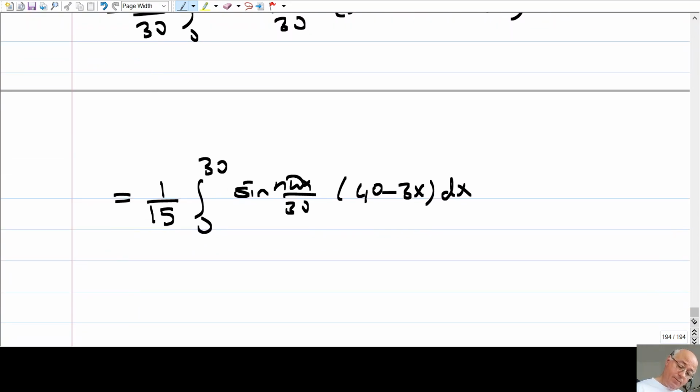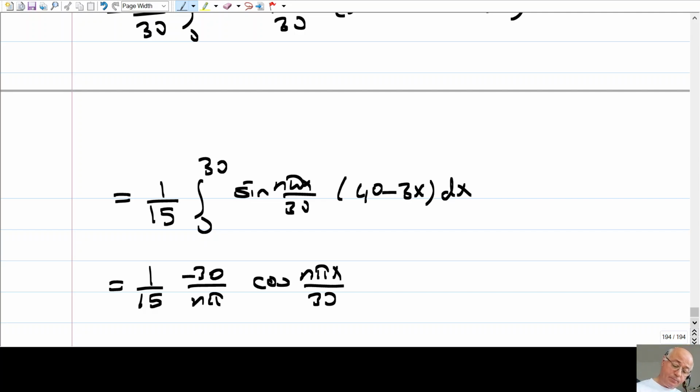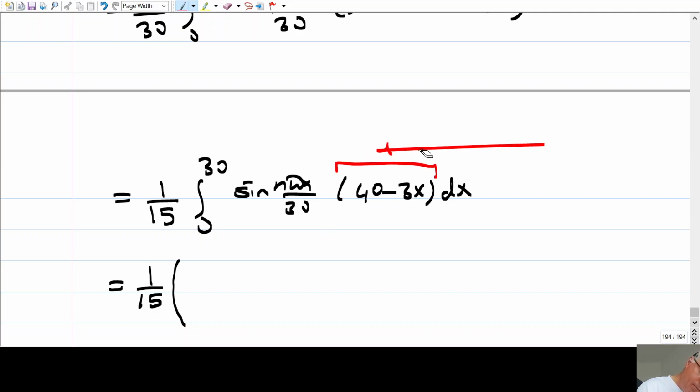dx. So what is this? If we integrate we get minus 30 over n pi cosine n pi x over 30. Wait a minute. I need to be careful. So we have to use integration by parts. I consider this as u and this as dv.